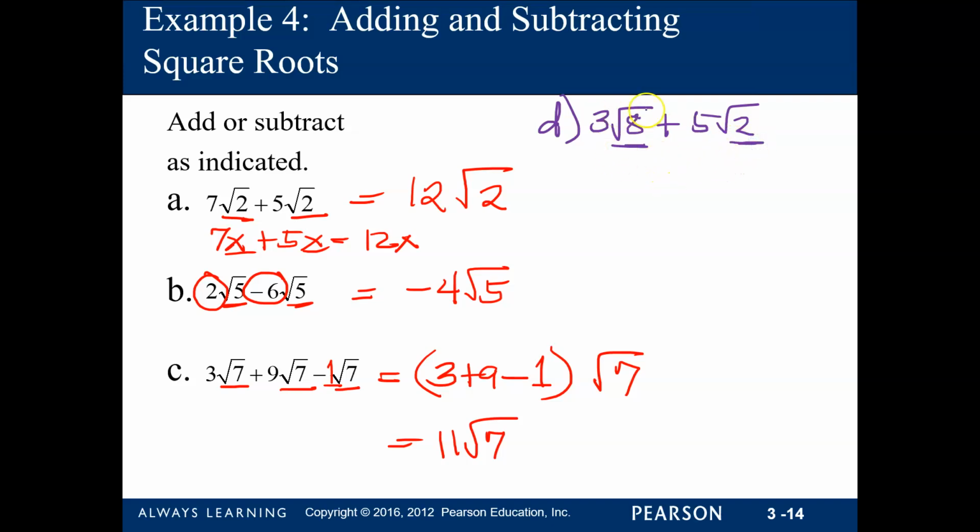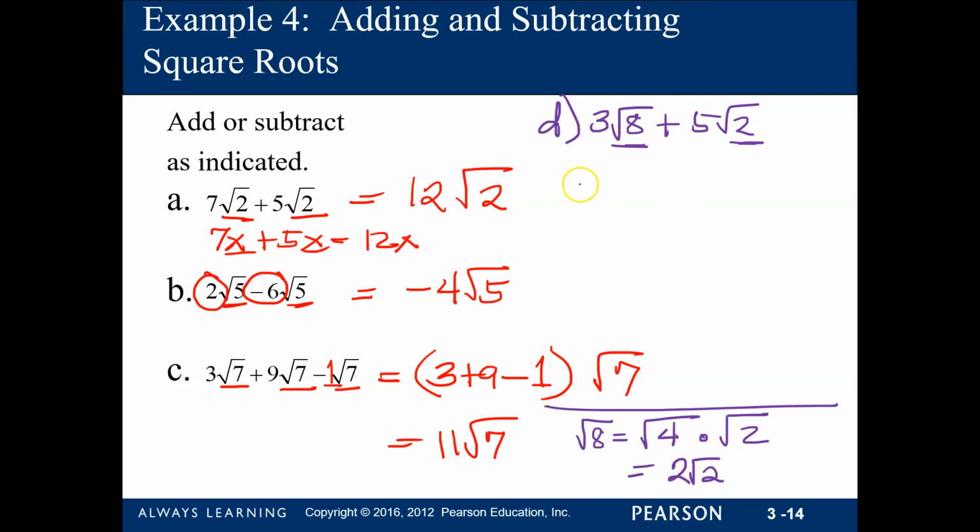But if you will notice, square root of 8 is not simplified, okay? Square root of 8, so let's have it here at the bottom, okay? Square root of 8 can actually be factored out as square root of 4 times the square root of 2. Which means square root of 8 could be written as 2 times the square root of 2. All right?